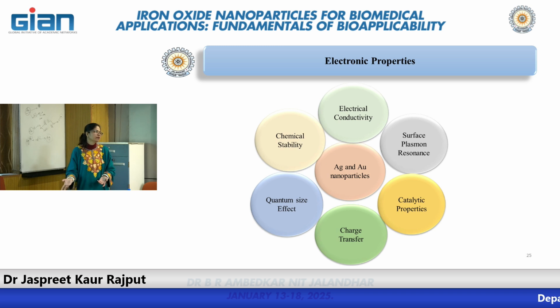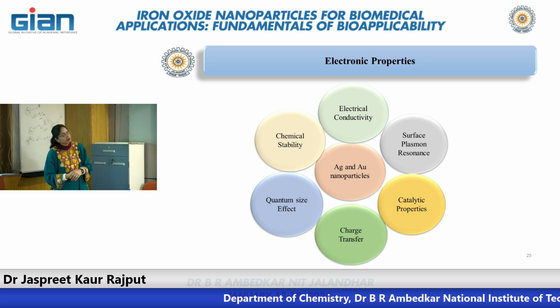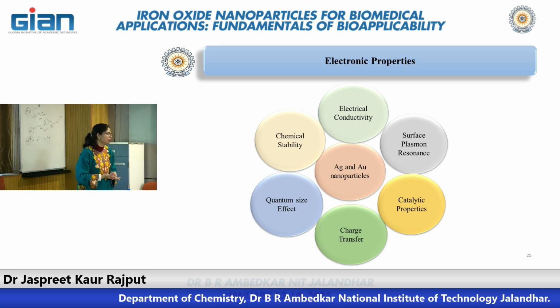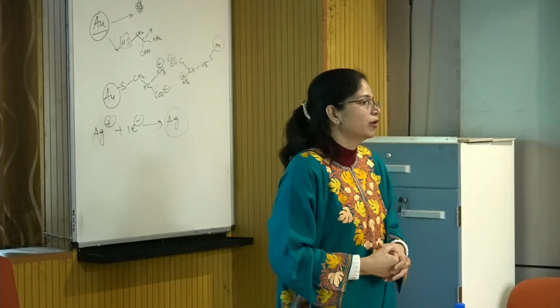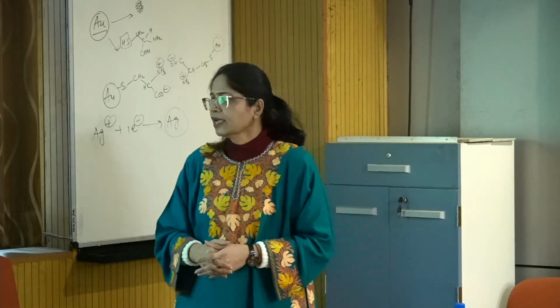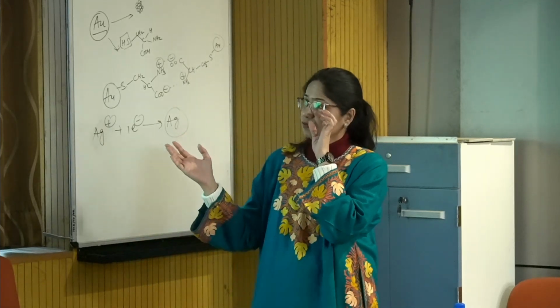Because of this feature, they are used in various nanomaterial synthesis. And yes, quantum size effect: if the size is reduced below 10 nanometers, we can say they have quantum effects also. Catalytic properties and charge transfer are also possible in these.